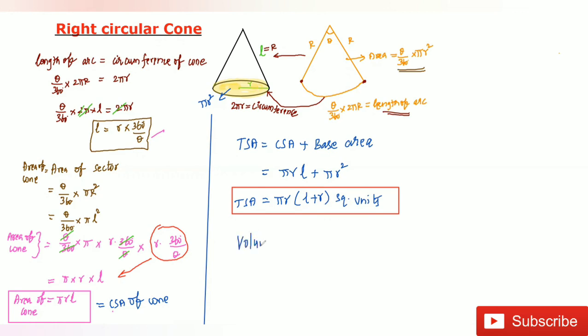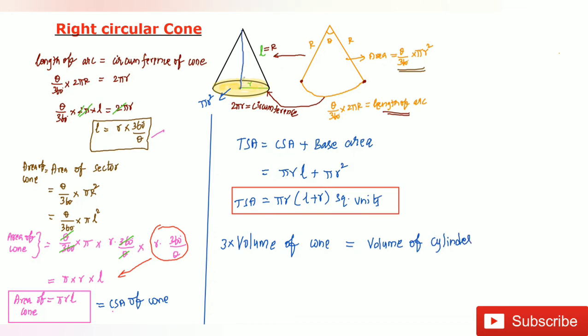And next, volume of a cone. Listen, children. By the practical way only you will get this answer. Actually, three times the volume of cone equals the volume of a cylinder. This is possible when the cylinder has the same height and same radius as the cone.